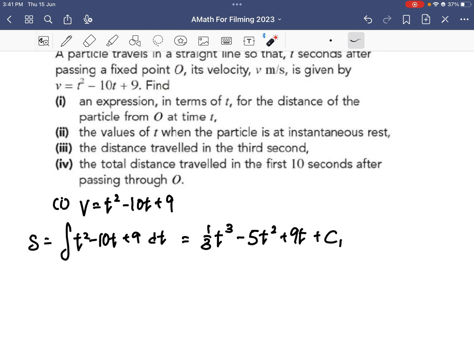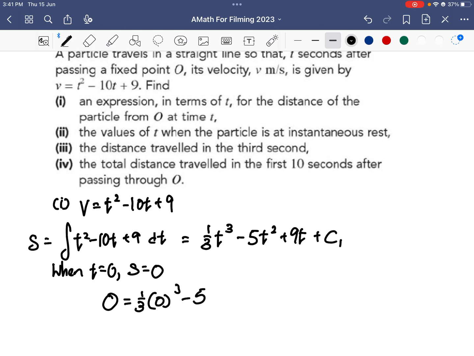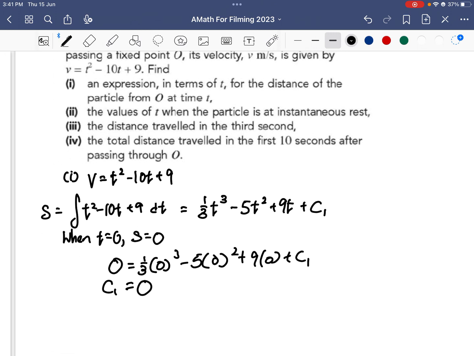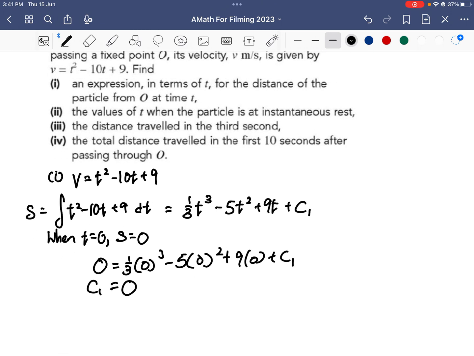Initially it passes through the fixed point O at t equals 0. So when t equals 0, the displacement s equals 0, so 0 equals 1/3 times 0 cubed minus 5 times 0 squared plus 9 times 0 plus c1. I find that my constant c1 is 0. Hence, the expression for the displacement is 1/3 t cubed minus 5t squared plus 9t.